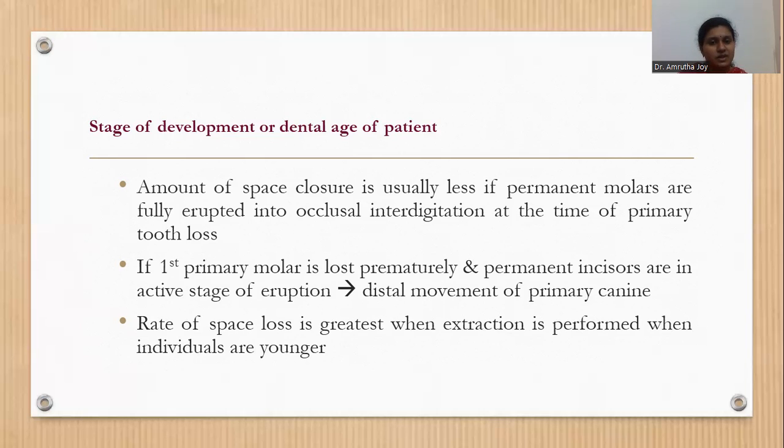This will again cause increased space loss. Space loss is also more if the tooth is lost earlier, that is before 4 years or before 6 years. This is because more tooth movement happens during the eruption of permanent molars as well as during the eruption of incisors.